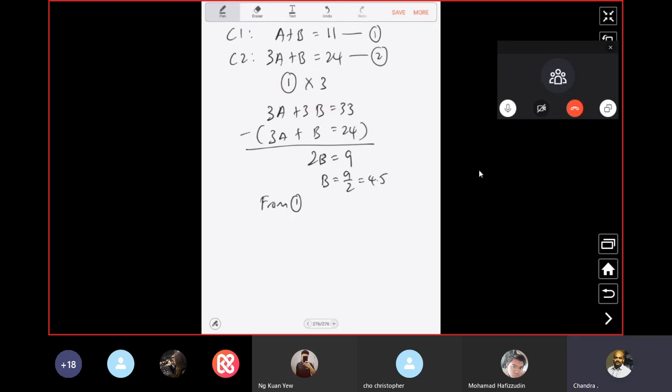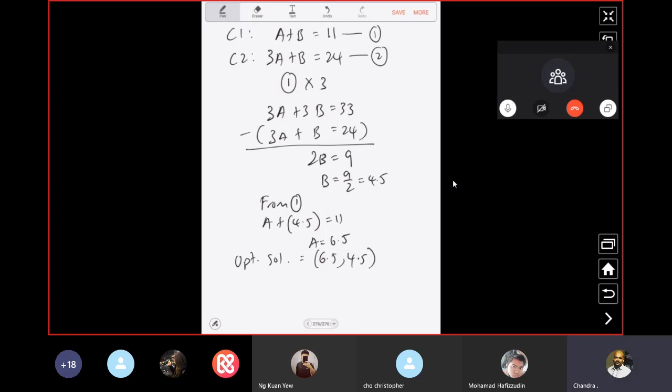From 1, my A will be 6.5. So my new optimal solution now, when I increase 1 unit in C1, is 6.5, 4.5.